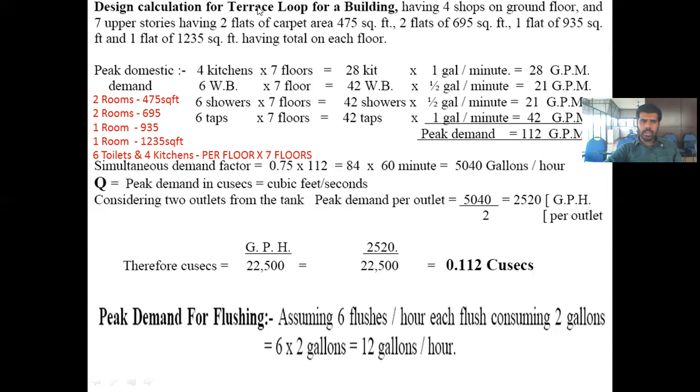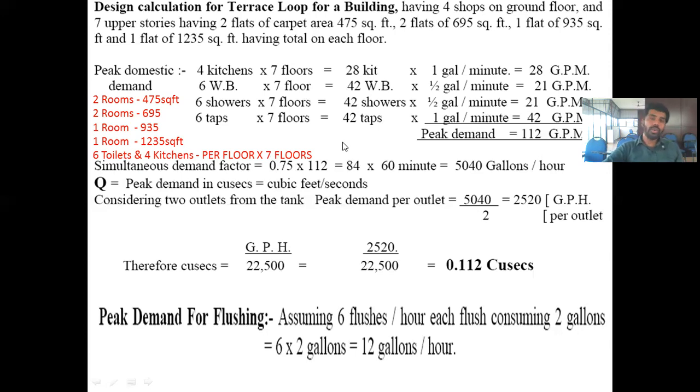So here, 4 kitchens into 7 floors is 28 kitchens, 6 wash basins into 7 floors is 42 wash basins, 6 showers into 7 floors is equal to 42 showers, and 6 taps into 7 floors is equal to 42 taps.